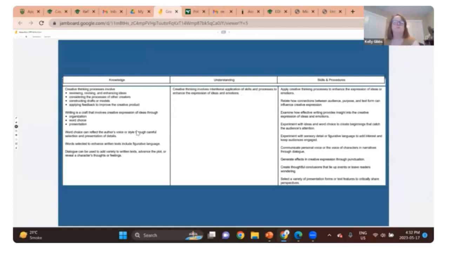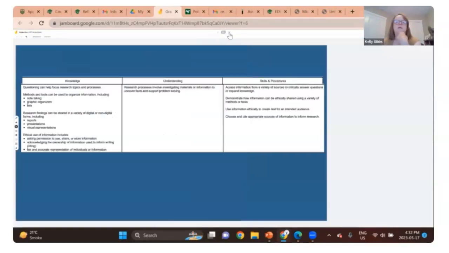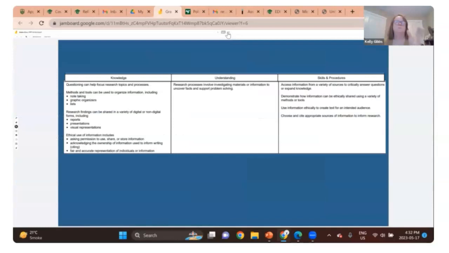So a little more personal, reviewing, revising, enhancing, lots of going back as part of the creative thinking process. And then research processes, similar to grade 5, involve investigating materials or information to uncover facts and support problem solving. Lots of very linear teaching at that point.